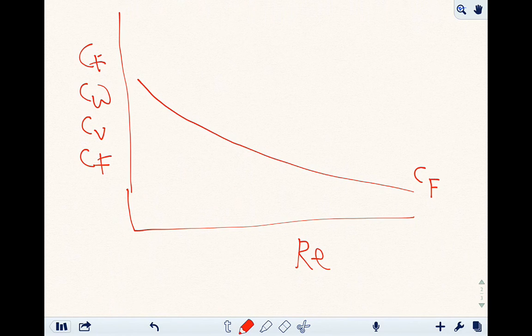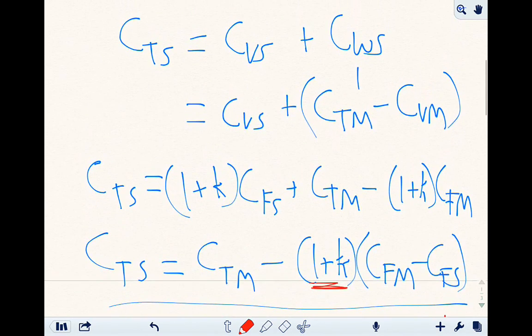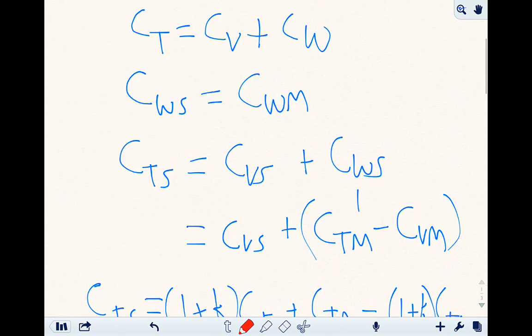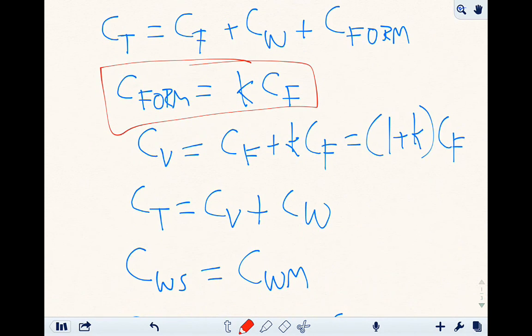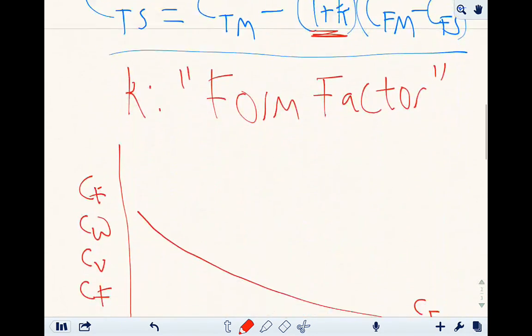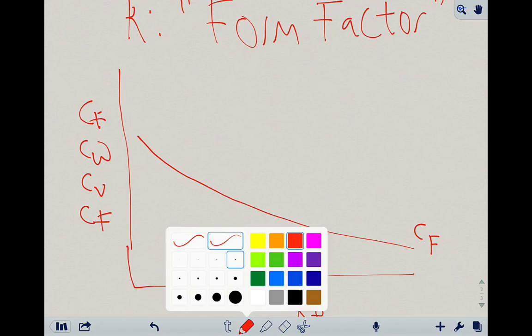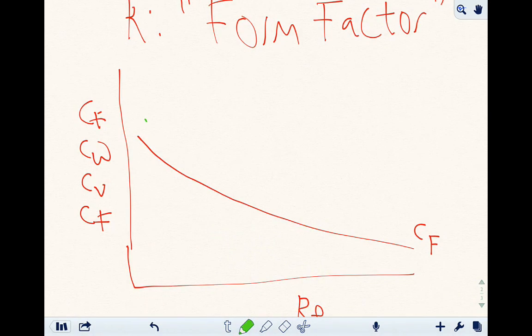Now if I multiply that by 1 plus k, I get my CV. So again, CV equals 1 plus k times CF. So I'm multiplying this by 1 plus k, and I get another curve. We'll make it a green curve. Something like this.